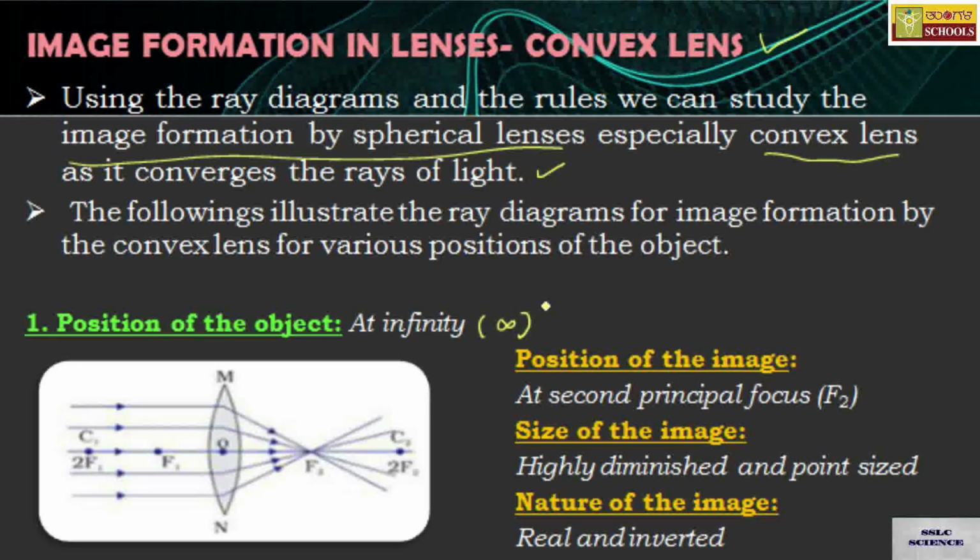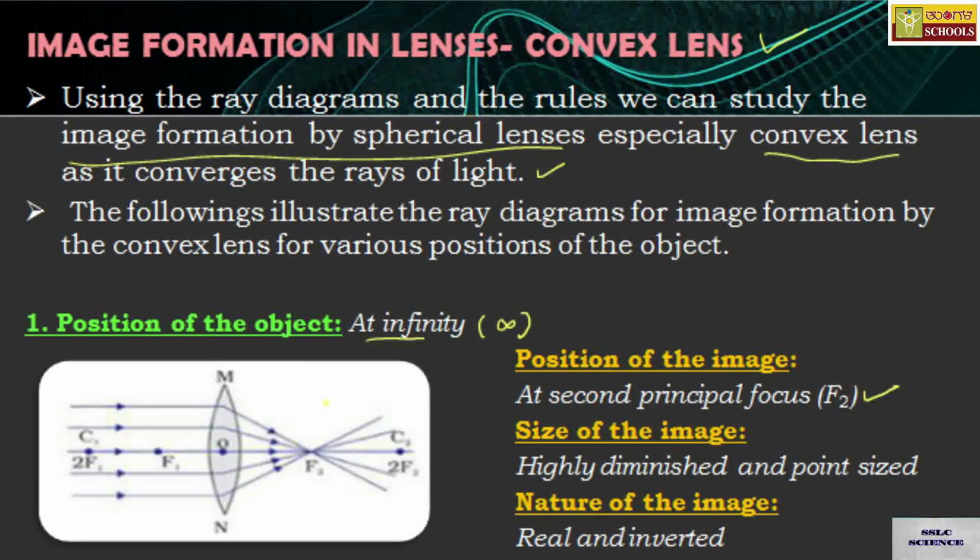Infinity doesn't mean that it is far away from us; it means this is the point out of the experimental table. So what happens when you place the object at infinity? The position of the image is at the second principal focus.